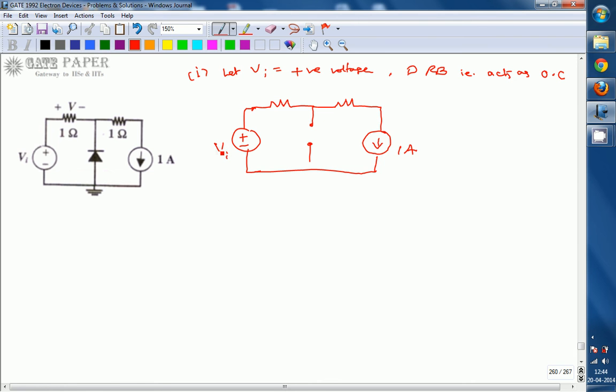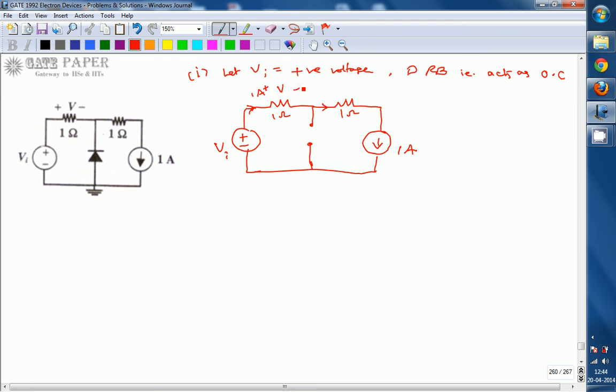Whenever Vi is positive, the diode becomes reverse biased and acts as an open circuit, so no current flows through it. The current through this 1 ohm resistor is the same, equal to 1 ampere, because the resistors are in series. Now V is defined like this.